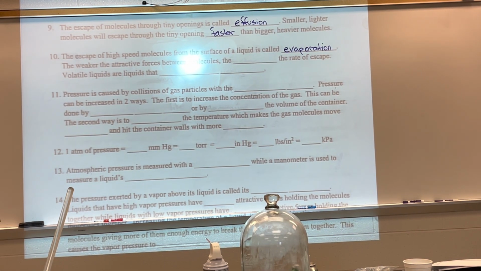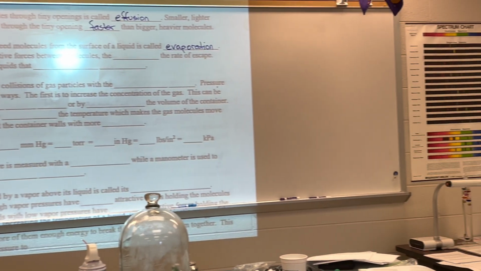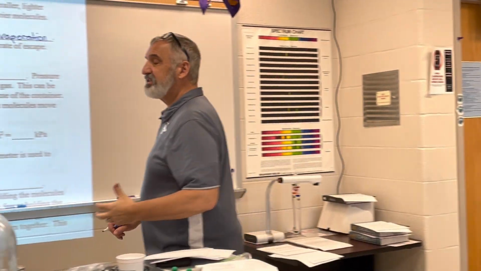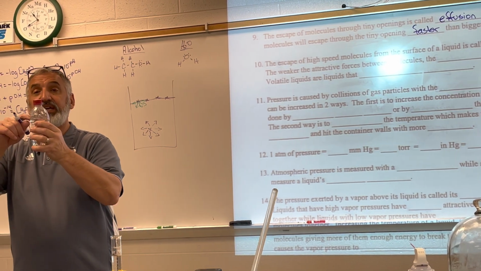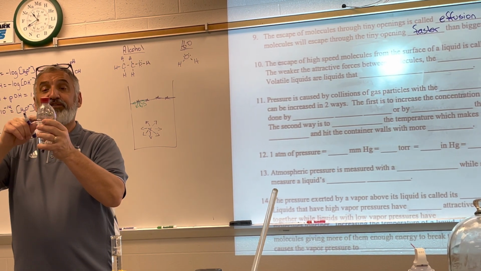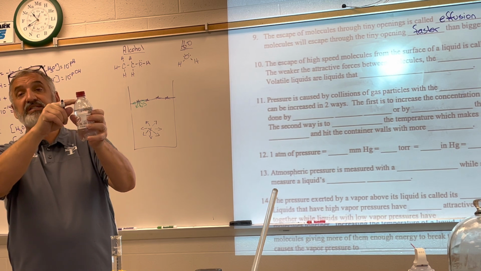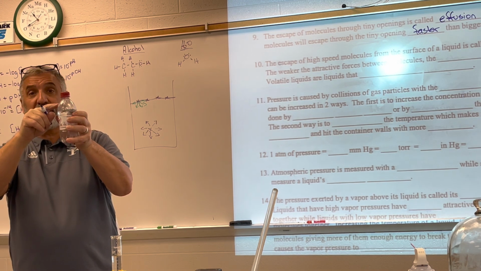Now, here, the small technical terminology difference. The difference between evaporation and vaporization. Vaporization is the escape of a liquid even in a closed container. So the liquid in here is vaporizing and filling this space. You can kind of see the condensation around the top of the bottle here.